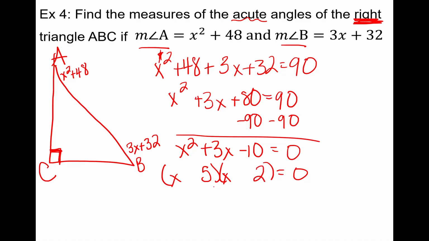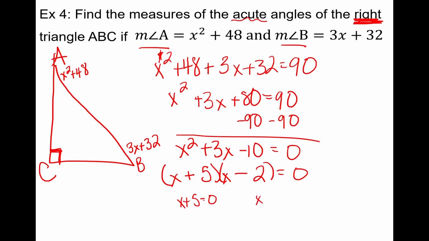And those two numbers have to have the right signs to add or subtract back to a positive 3. So if I do a positive 5, negative 2, those two numbers, plus 5 minus 2, when you multiply them, we'll get back to negative 10. When you take plus 5 minus 2 and add them, you'll get back to a 3x.